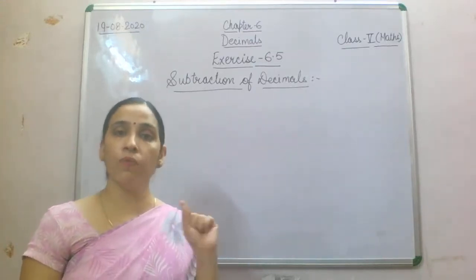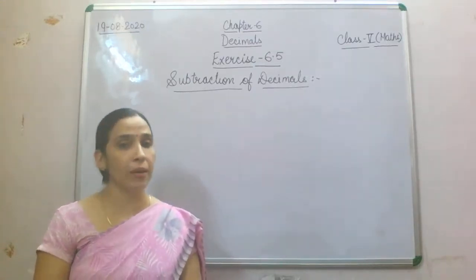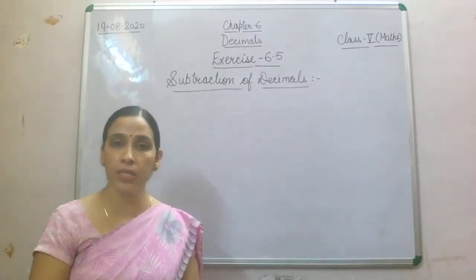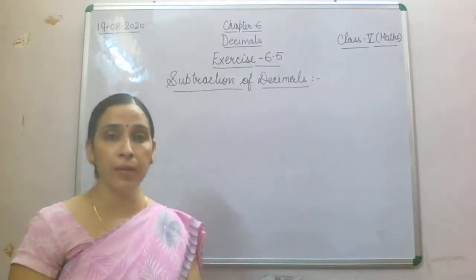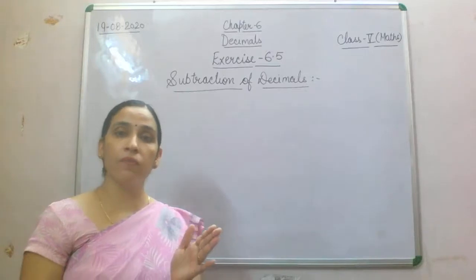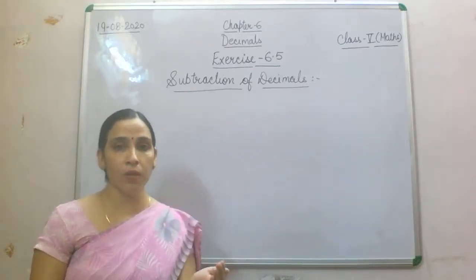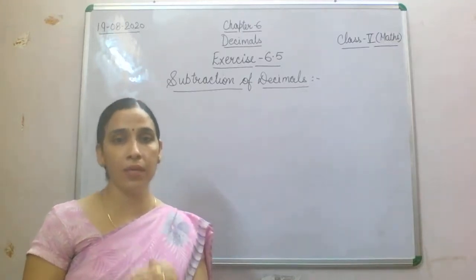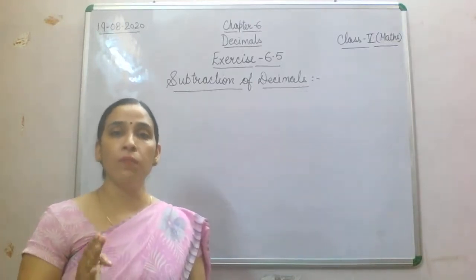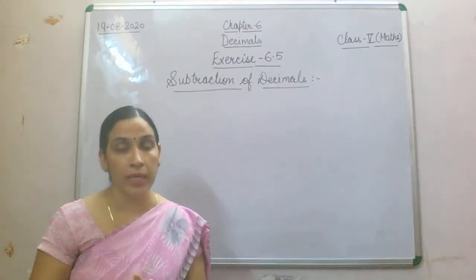We have done comparison also, so we will be able to understand which number is bigger. That number we write first, and the smaller number is written just below that bigger number, and the point comes just below the point.